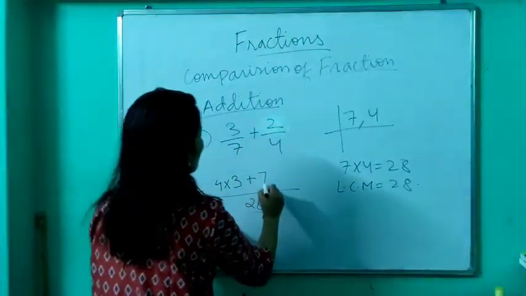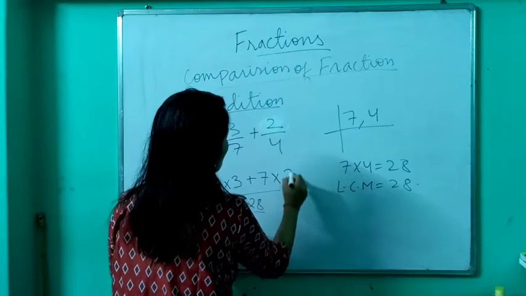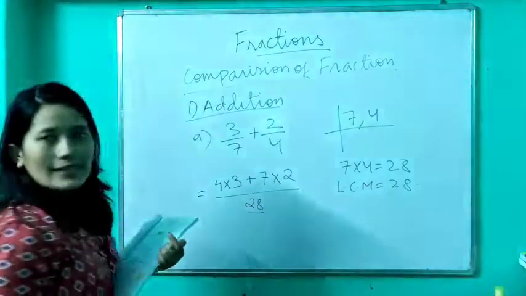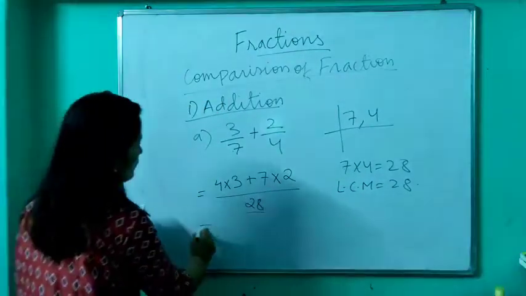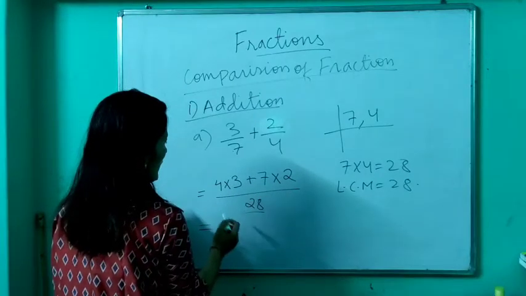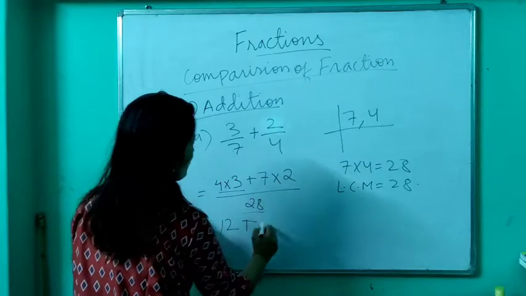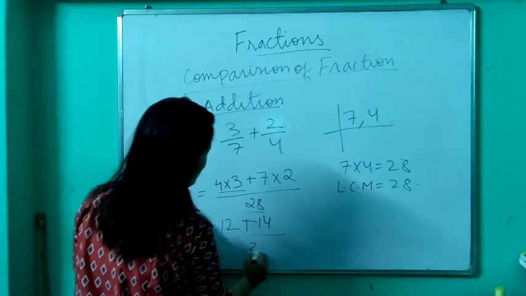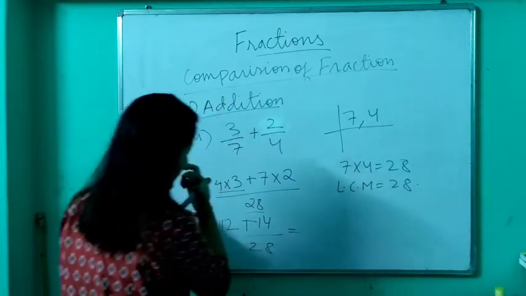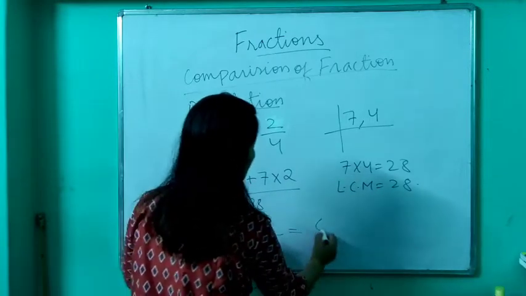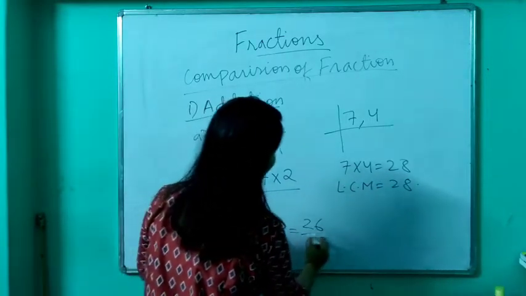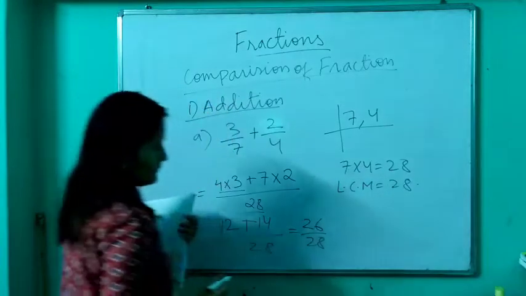So with that 7 you will multiply the numerator. Is that clear? Okay, now carrying out the simple multiplication process, that is 4 3s are 12 plus 7 2s are 14 divided by 28. Okay, now 12 plus 14 is 26 by 28.